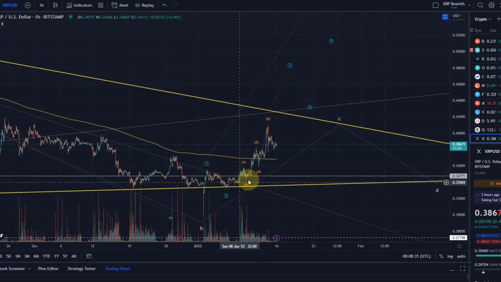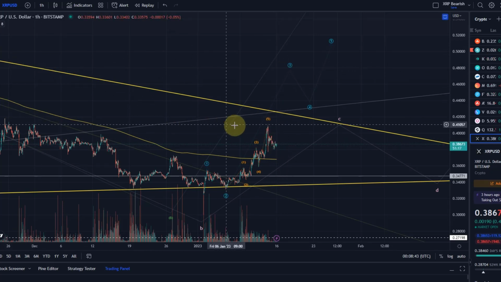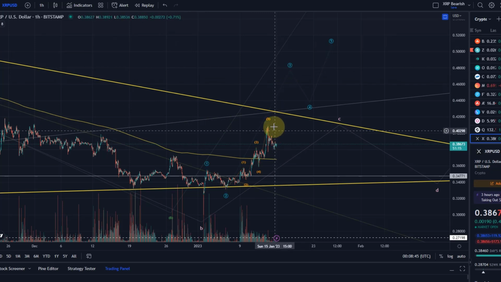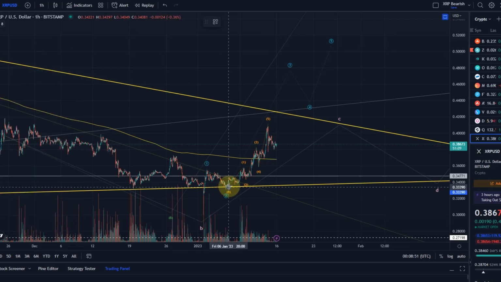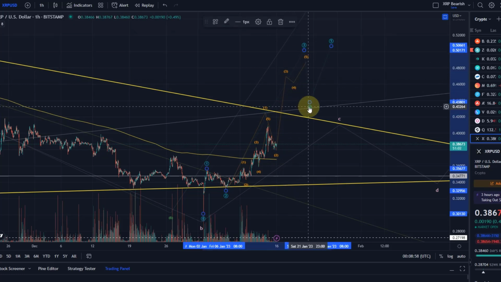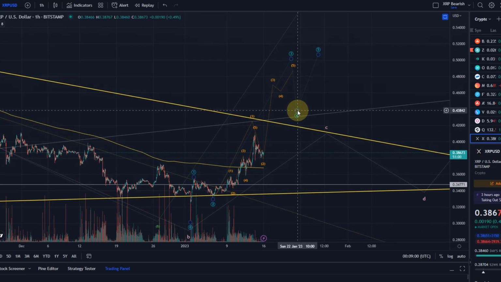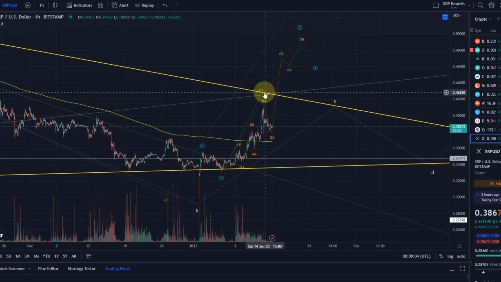But it seems to me that it is not a wave 3-4 here, but it should be another 1-2, just because you want to see the 1.618 extension for a wave 3. So that means the way to go here is that this is another 1, this is a 2, and we would then follow such a path to the upside, and it would push the entire thing higher. That would be quite another bullish setup here.